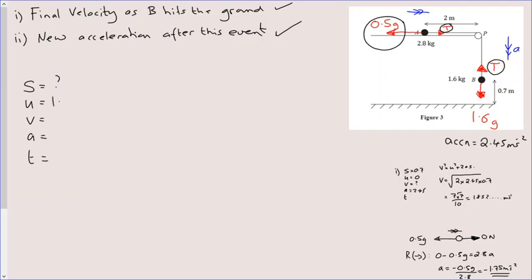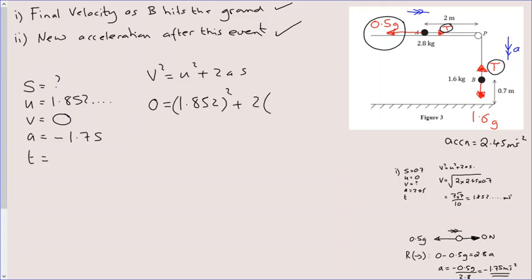The initial velocity is 1.852, and the dots there represent that I'm going to use the exact number from my calculator. The final velocity is 0, and the acceleration is minus 1.75. So I'm going to use v squared equals u squared plus 2as and substitute what I need. So I've got 0 is equal to 1.852 squared plus 2 times minus 1.75 times s.